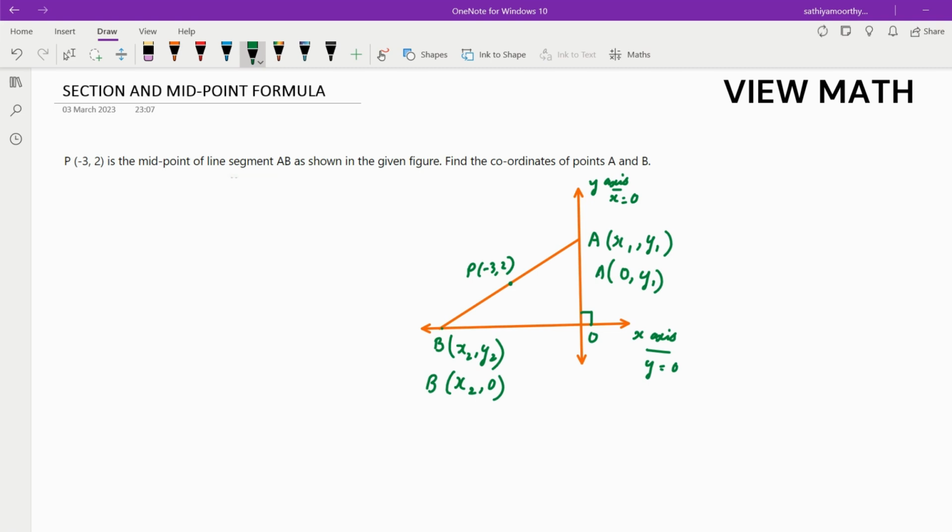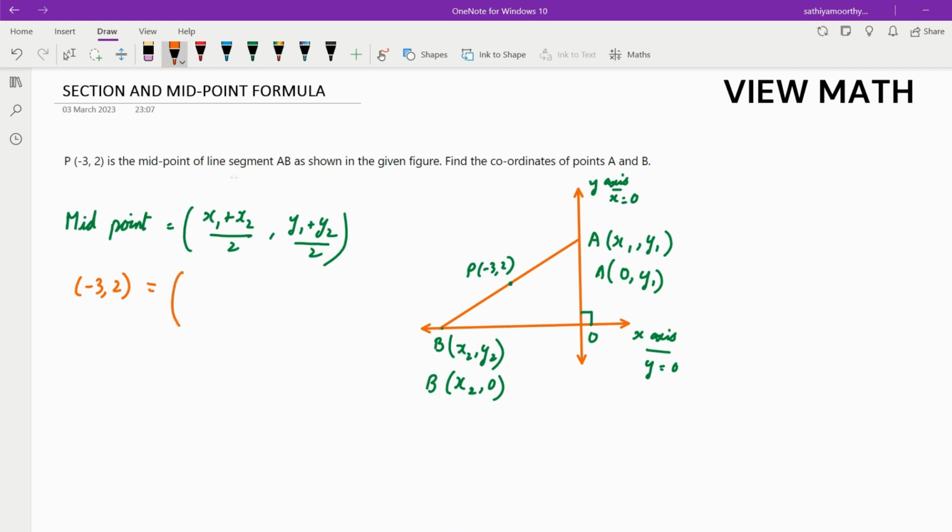Now I am going to use the midpoint formula to find out x1, x2 and y1. Let me write the midpoint formula. The midpoint formula is ((x1 plus x2) by 2, (y1 plus y2) by 2). Now I know the midpoint, it is (-3, 2) they have given, so I am substituting (-3, 2).